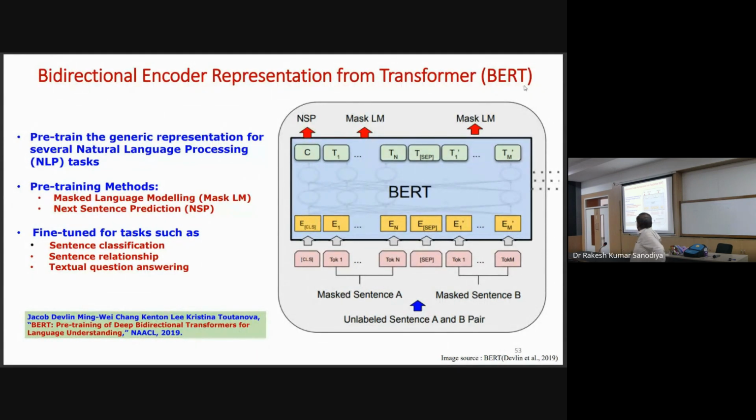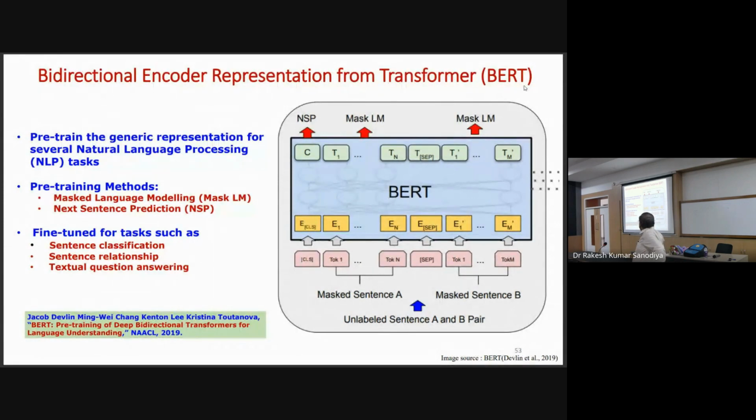So basically, we train this BERT model, which is nothing but a transformer model, but it's only the encoder, right? We train this model using only unlabeled data. And once we do this pre-training, then depending on what task I want to use this system for, I can use it for tasks like sentence classification, or sentence relationship capturing, or textual question answering, or translation, and so on, right?